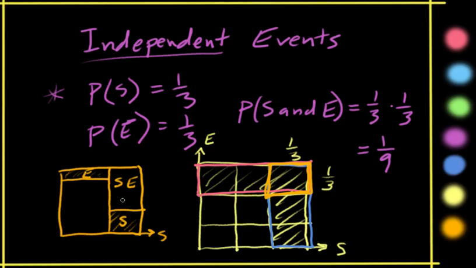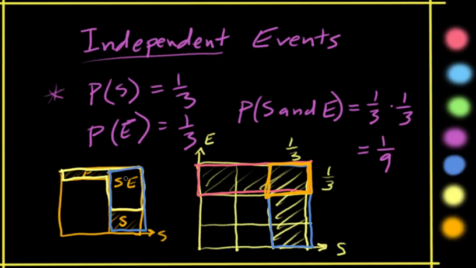So they might still each have 1/3 of a chance. Like for example, Ellie's third would be this shape here, and Sam's would be this third here.